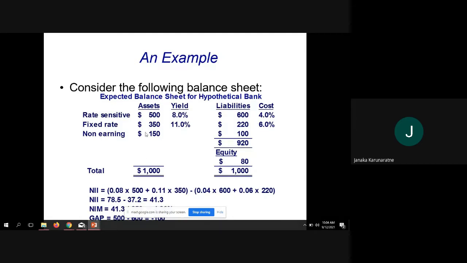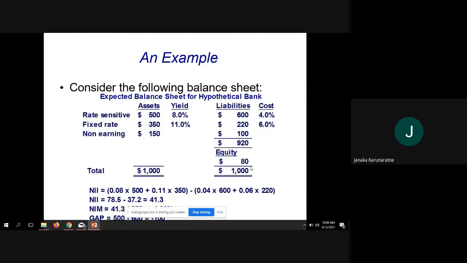On rate sensitive assets, our yield is 8% and on rate sensitive liabilities, our cost is 4%. Then we have fixed rate assets 350, the yield is 11%. Then there are fixed rate liabilities 220, cost is 6%. Then non-earning assets 150 and other liabilities 100 and equity 80. So the total balance sheet is 1000 assets and liabilities and equity 1000.